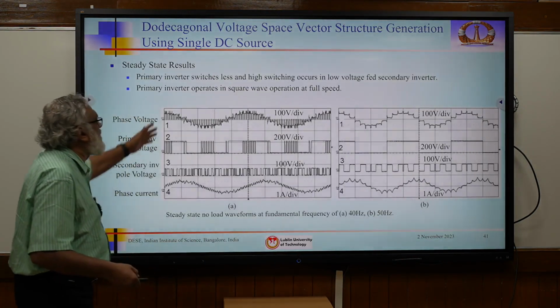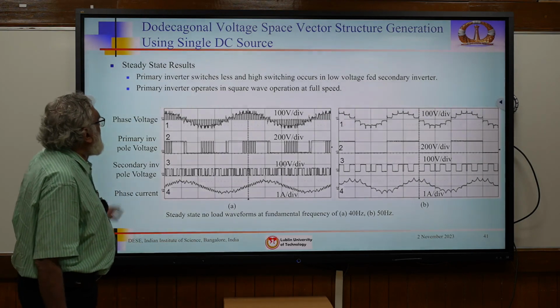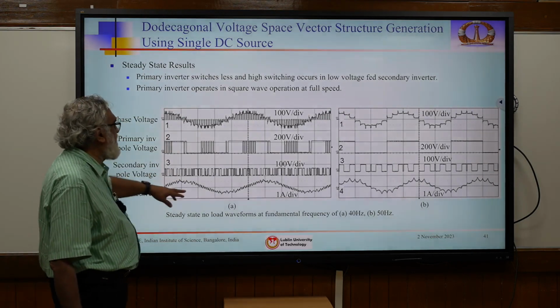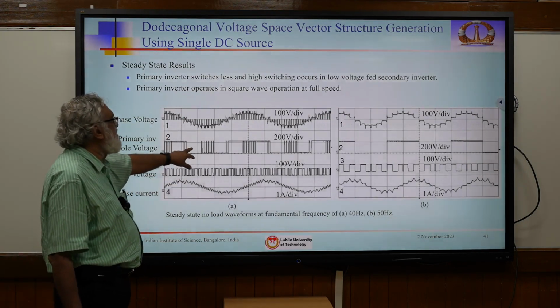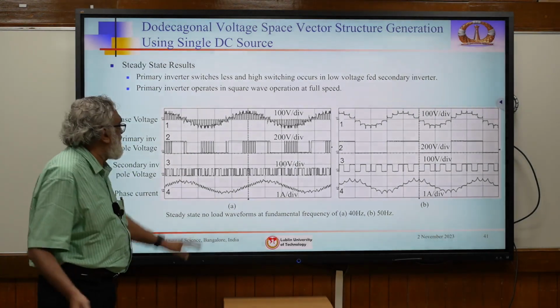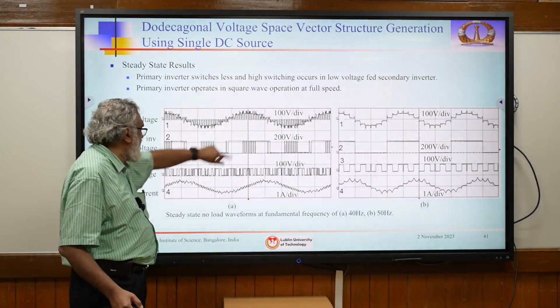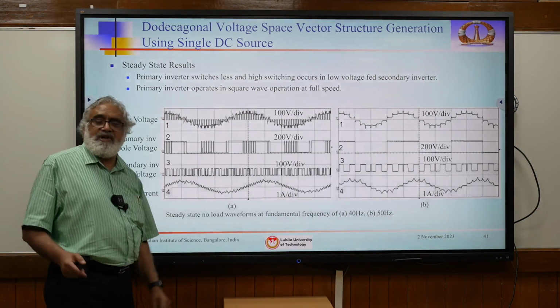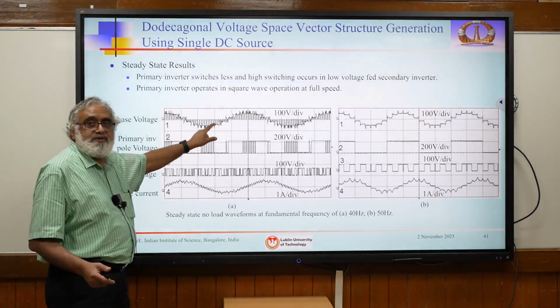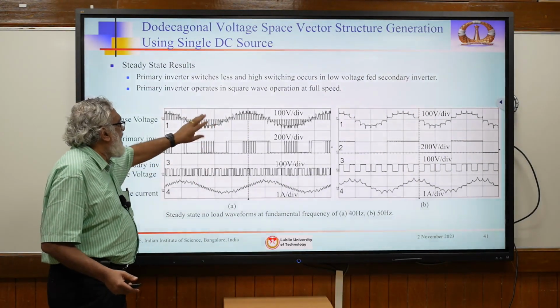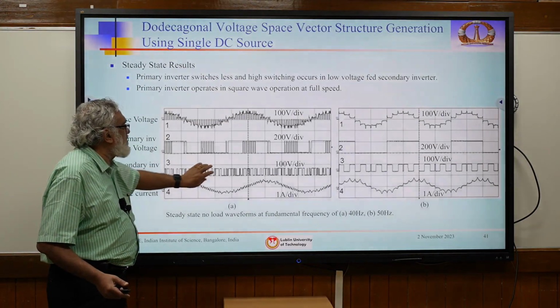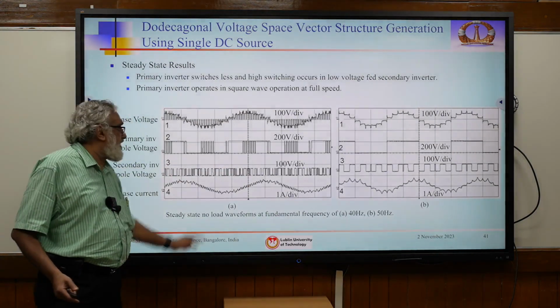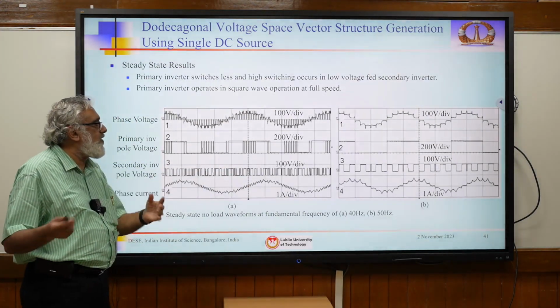So you see, you get a 12-sided vector. This is at 40 Hertz and 50 Hertz. See, the main inverter is switching with less switching. If this is the fundamental switching frequency here, the main power delivery inverter is switching with less switching compared to the output frequency, but most of the switching will be transferred to the switched capacitor filter. This goes back and forth to control the balance.